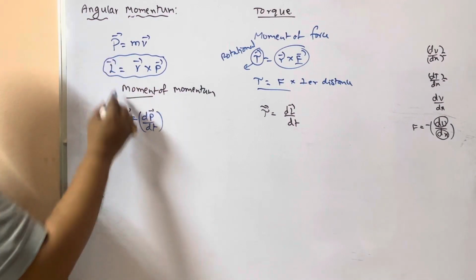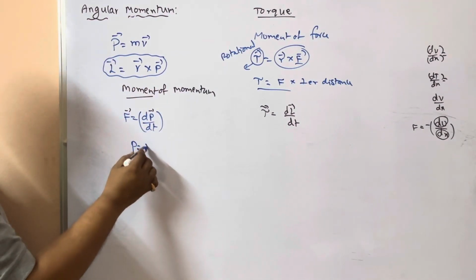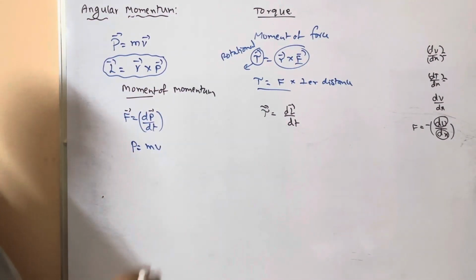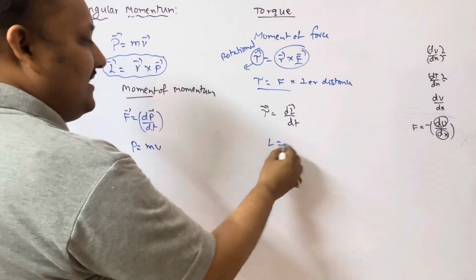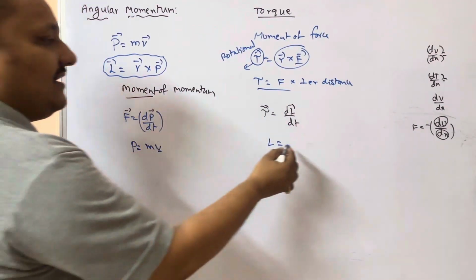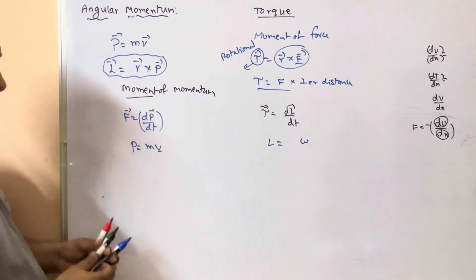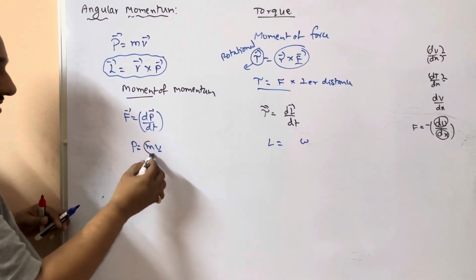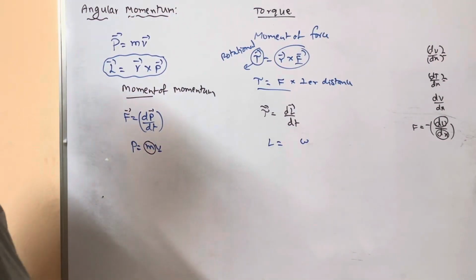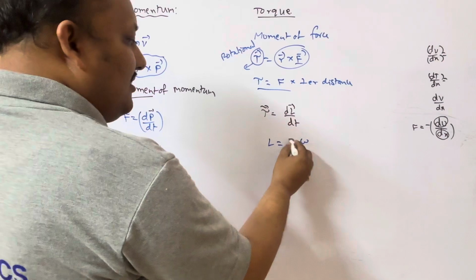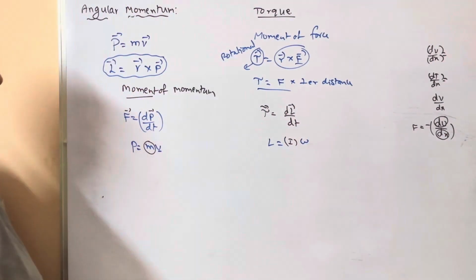Next, according to the momentum definition, we wrote P is equal to mv. Now here L is equal to, in place of linear velocity we will write angular velocity. Now in place of mass, what we are going to write, that we will call moment of inertia.